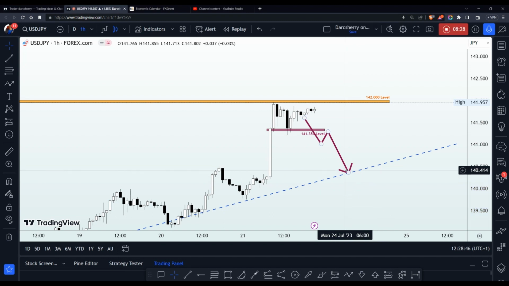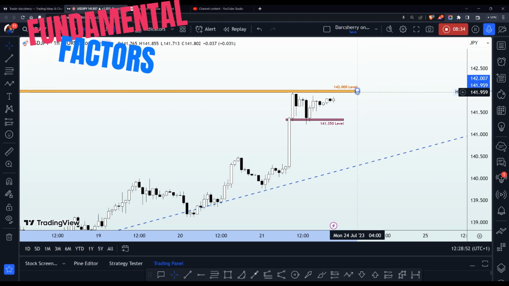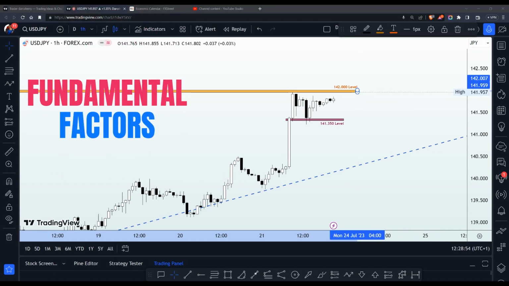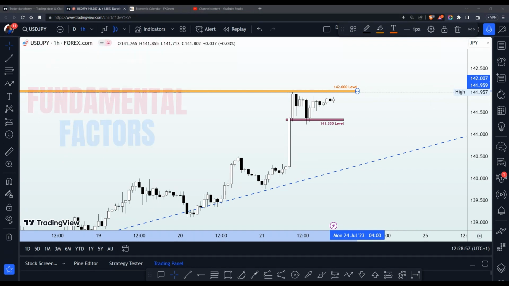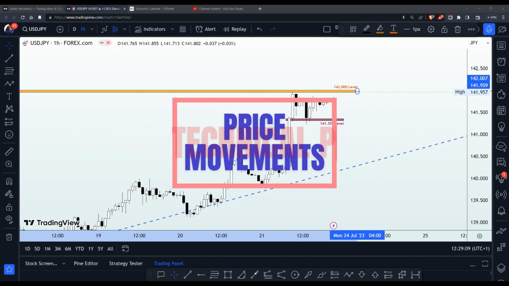Now, with that being said, from the technical standpoint we have observed on this chart, I want us to also take into consideration the fundamental aspect of the market. And for those who have been with me for a while now, you would understand by now the importance I have placed on the fundamental factors as it often manifests on the chart in technical patterns and price movement.